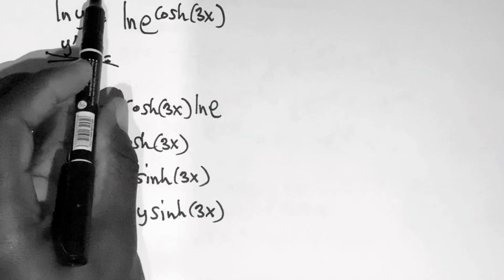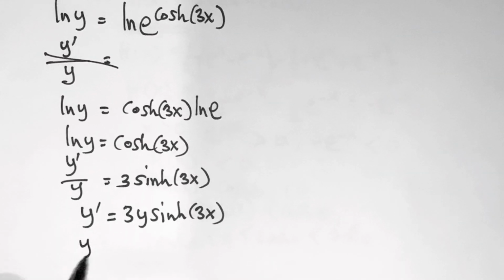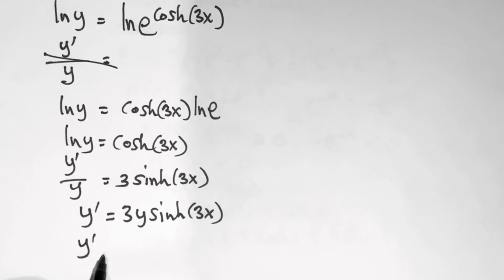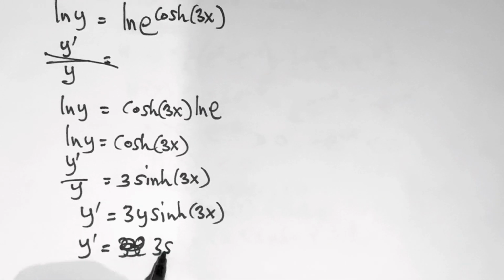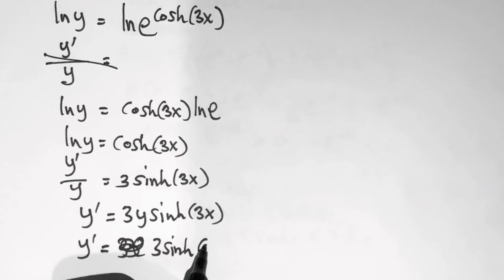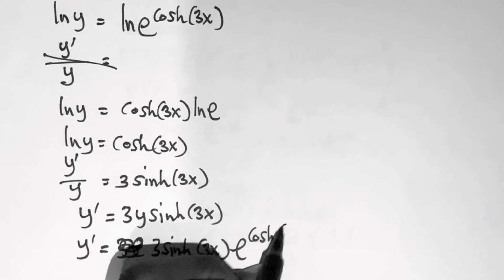But we know y. y is exponent cos 3x. And therefore, y prime is equal to 3 sin 3x exponent cos 3x.